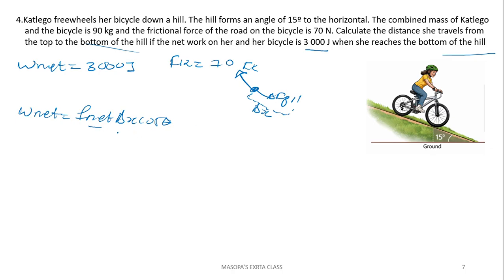But now let's go and look at how we get the F net. Now the Fg parallel, because the motion is going down, will be positive, minus Fk. Then you know mass will be 90 multiplied by 9,8, then we're going to say sine of 15, sine of the incline, right?